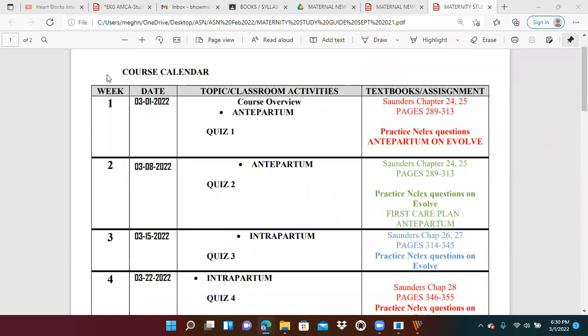And week 2, the date is here, which means next week, 2022. Antepartum, the rest of the part we will discuss, Sender chapter 24-25 same, and practice questions from Evolve.